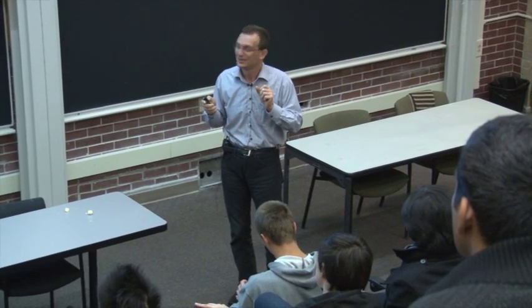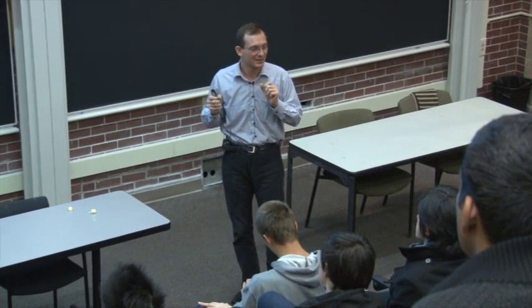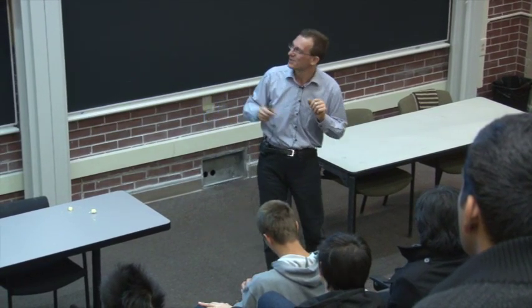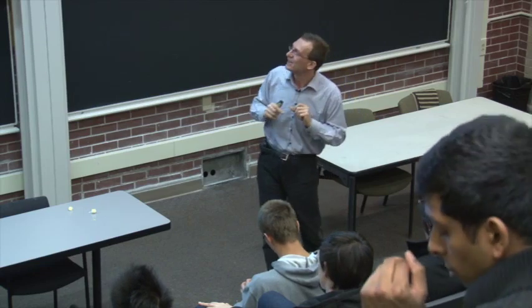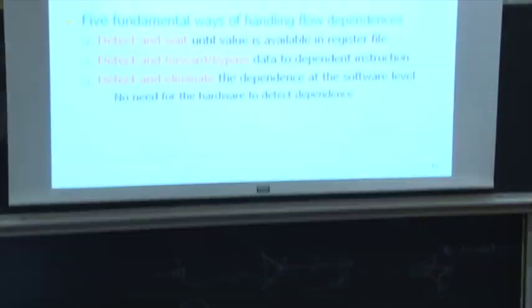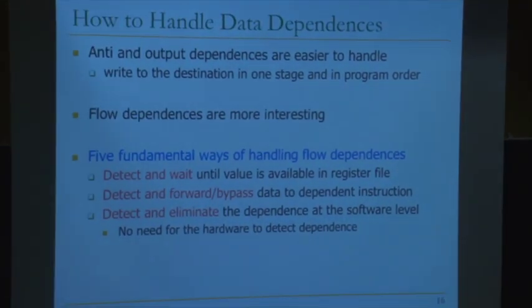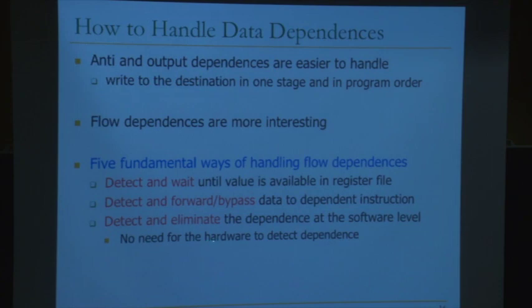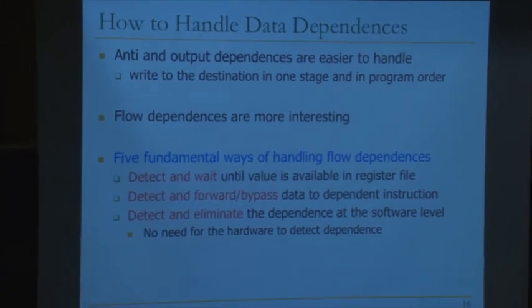What else? Well, this goes to something you said earlier. You can detect and eliminate the dependence at the software level. So the software actually detects this dependence. In this case, there's no need for the hardware to detect the dependence. What does this mean?